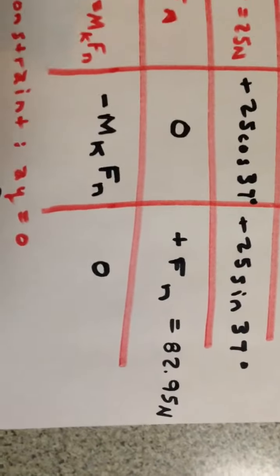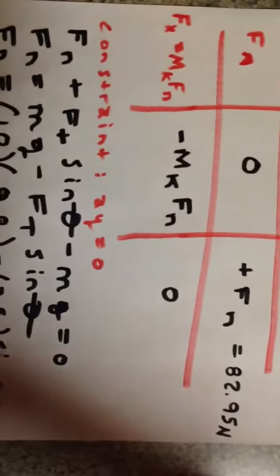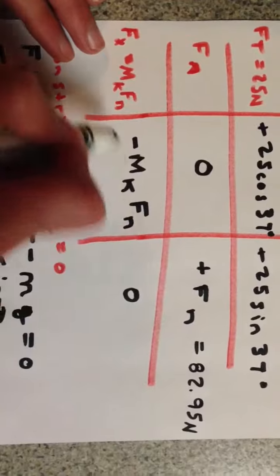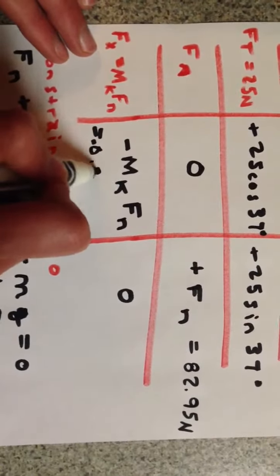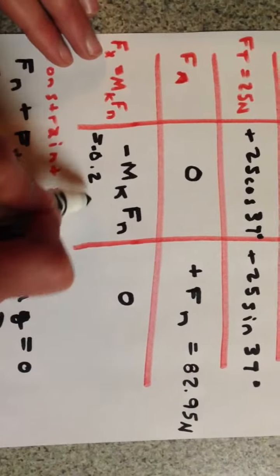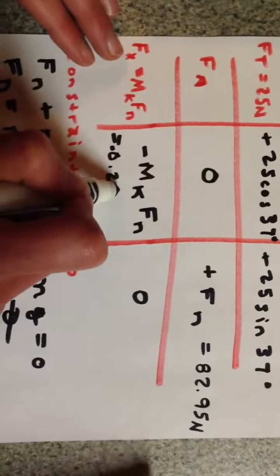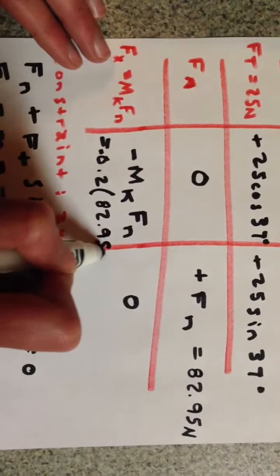And for friction, mu sub k is equal to negative 0.2 times the normal force, 82.95 newtons.